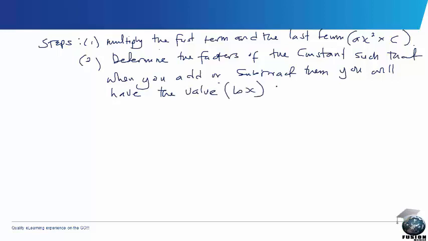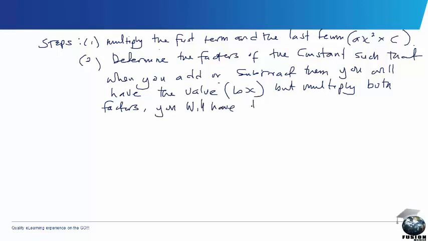But when you multiply both factors, you will have the value of ax squared times c. All we are saying here is that when you multiply them, you have the product of the first term and the last term, but when you add or subtract them, you have the middle term, which is bx.